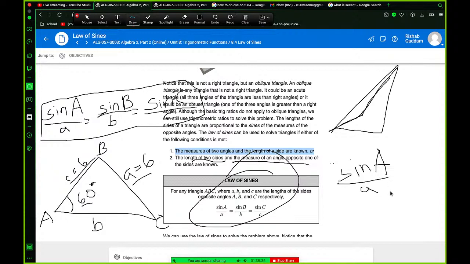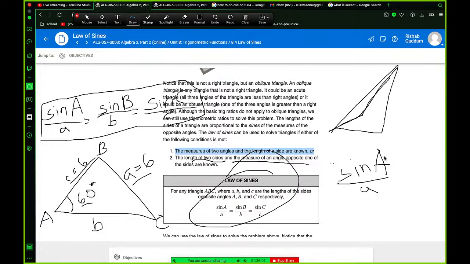Yeah. Okay, so that's not exactly what this is used for. It's for solving sides, like we used with the normal trigonometric ratios, but instead of only right triangles, this is used for any triangle, ever.